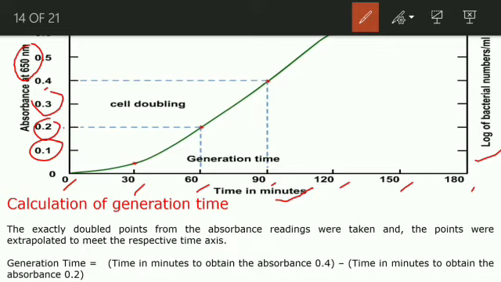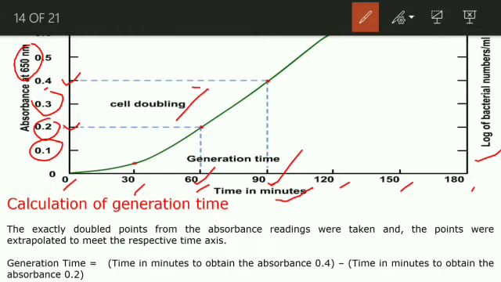So now, by this method, you just observe here. At 60 minutes, the reading is 0.2. At 90 minutes, you could also observe the reading is 0.4. What is the difference between 60 and 90 minutes? The population is double.